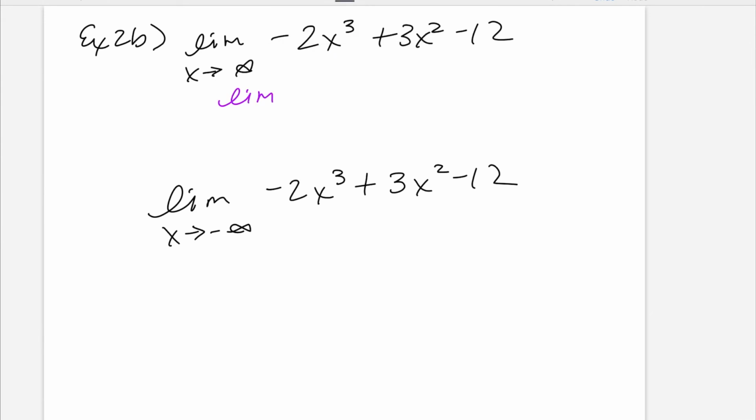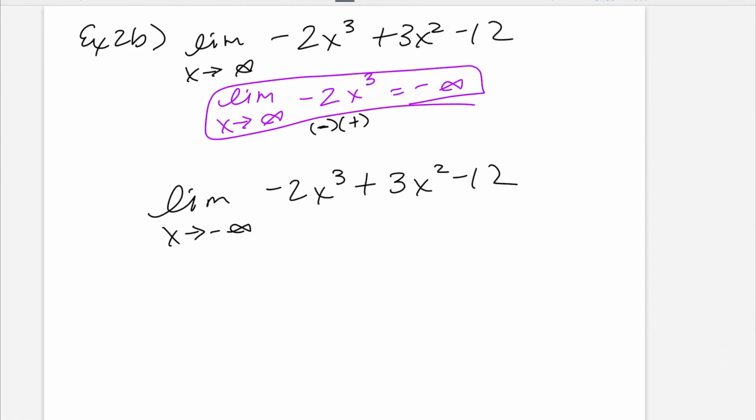So the limit as x approaches positive infinity of negative 2x cubed. This is going to give me that negative number here times, because this is positive infinity, a positive. So a negative times a positive gives me that negative infinity.